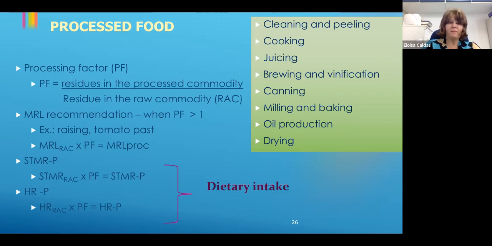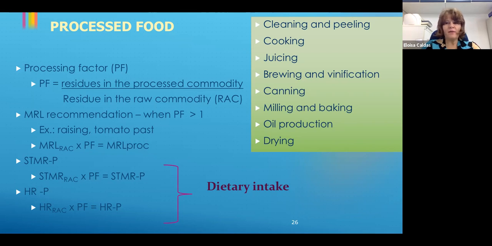We may start by defining what a processing factor is. The raw commodities are submitted to a processing, one of those listed there, sometimes two of those. For example, you can have wheat, and then use that wheat to make bread or to make pasta.